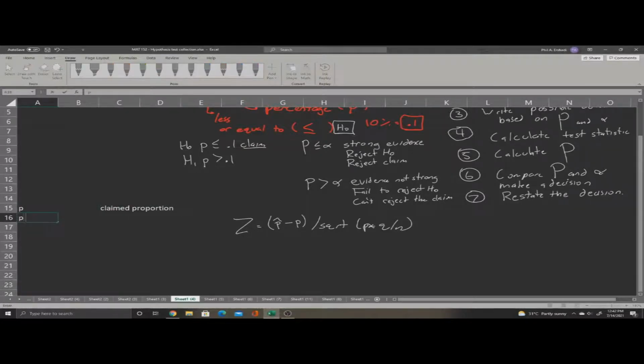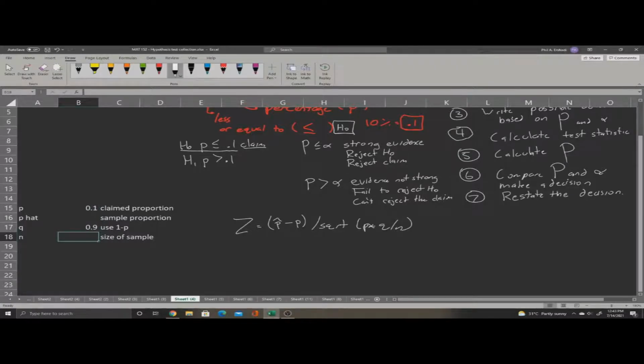We'll have p hat, which is the sample proportion. We'll have q, which is 1 minus p, and n, which will be the size of the sample. Now, our claim proportion is written in the claim. We have that the null hypothesis says that little p is less than or equal to 0.1. That's what we'll put for our claim proportion. To find q, we'll say that equals 1 minus the p we just found.